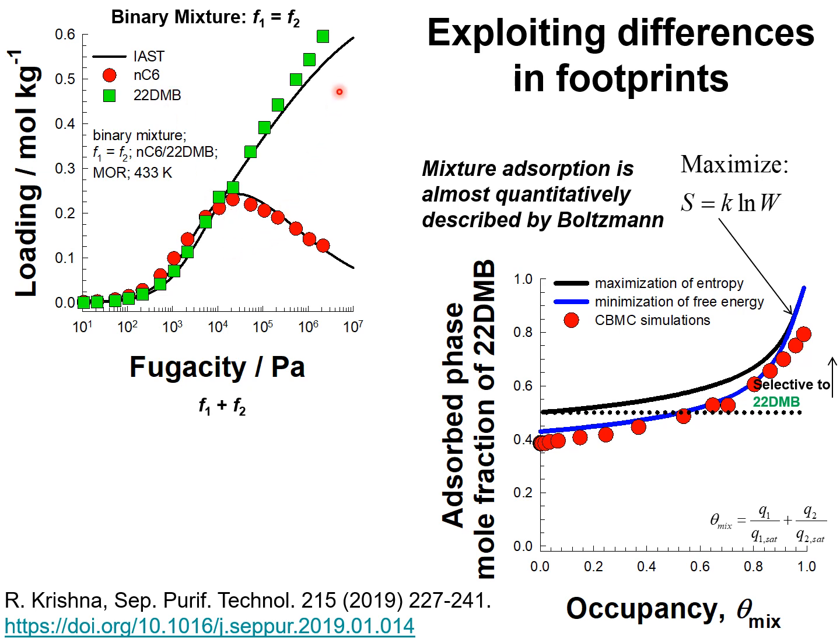A different way to explain entropy effects is to plot the adsorbed phase mole fraction of 2,2-DMB as a function of the mixture occupancy within the 12-ring 1D channels. The red circles represent the CBMC data calculated from the mixture adsorption equilibrium.